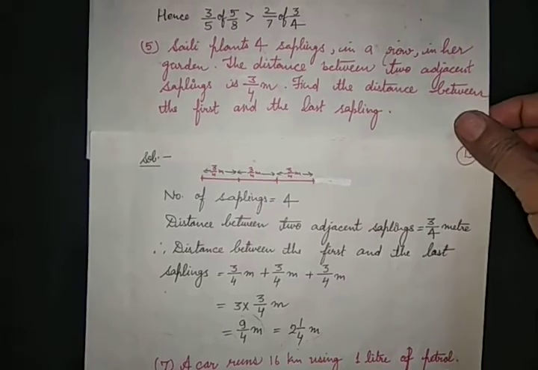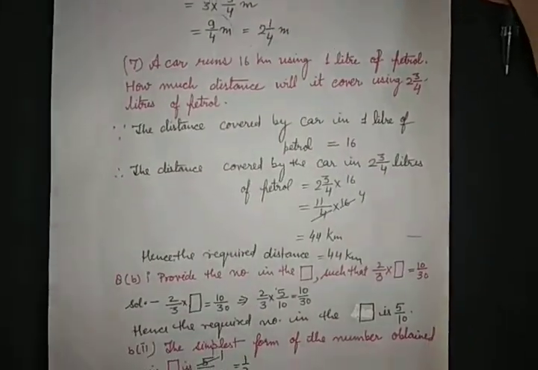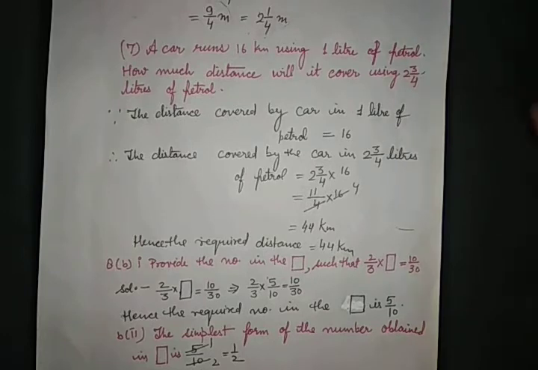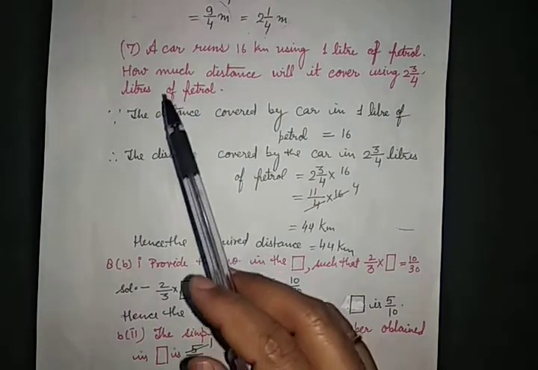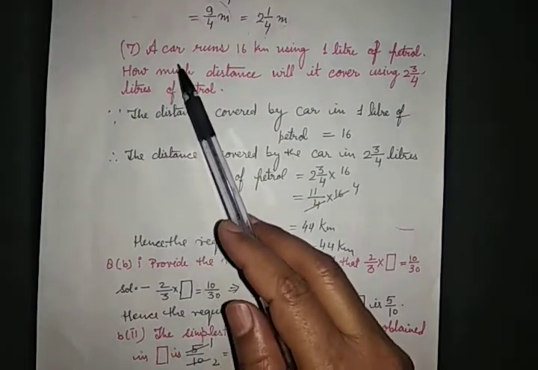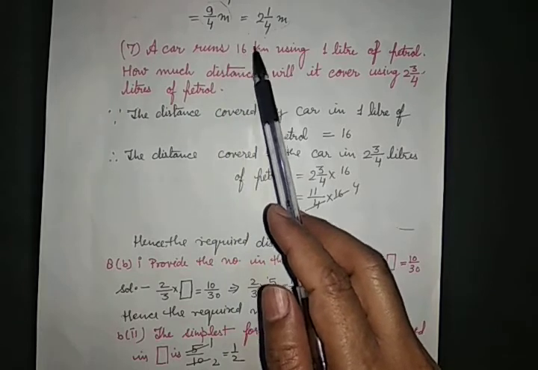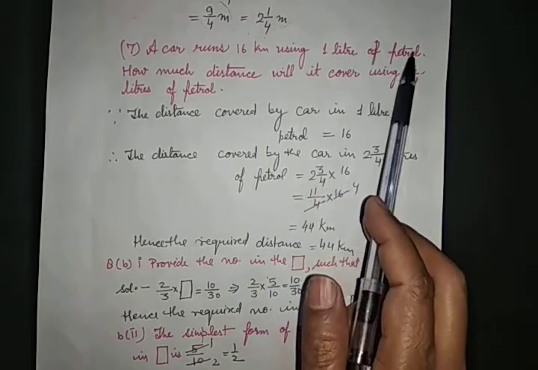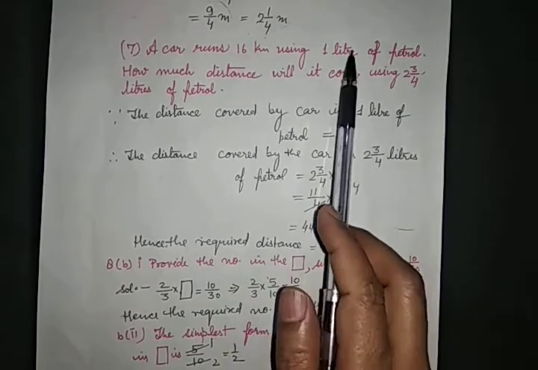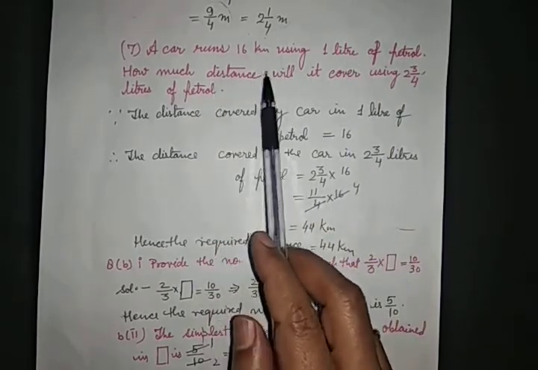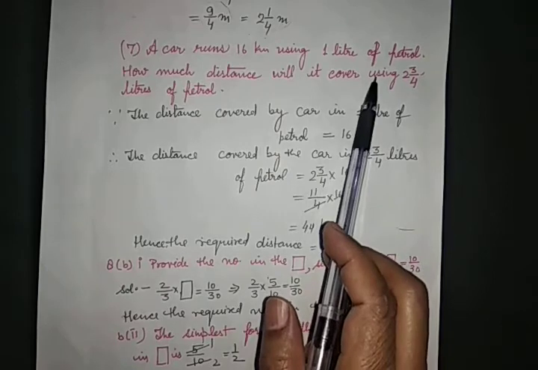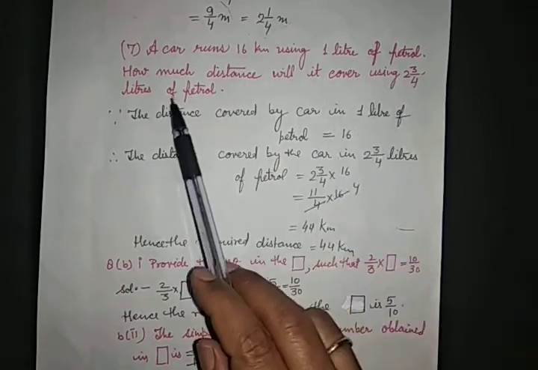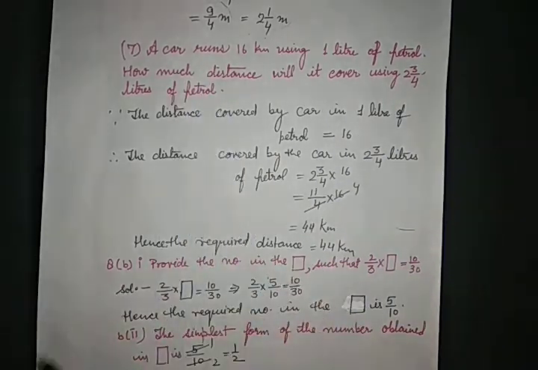Now you see the question number 7. Question 7. A car runs 16 kilometers using 1 liter of petrol. Clear? How much distance will it cover using 2 whole 3 upon 4 liters of petrol?